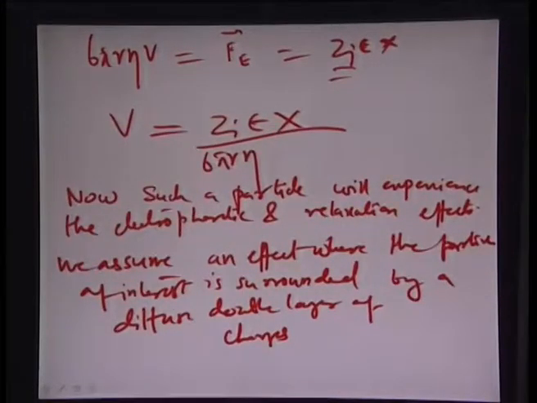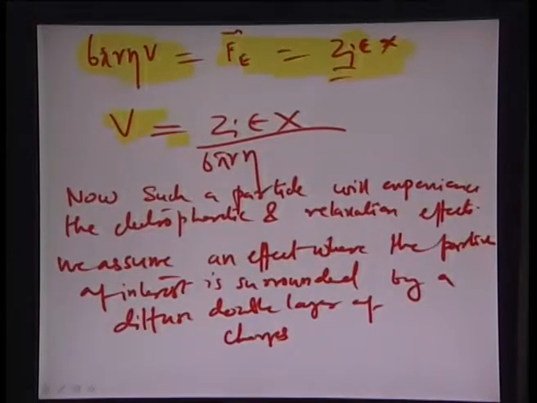As per the last few slides of the last lecture, we tried to equate the electric force that a particular charge, an ion, would face inside a medium to the frictional or viscous drag given by Stokes law, and that led us to the calculation of the velocity of the ion.